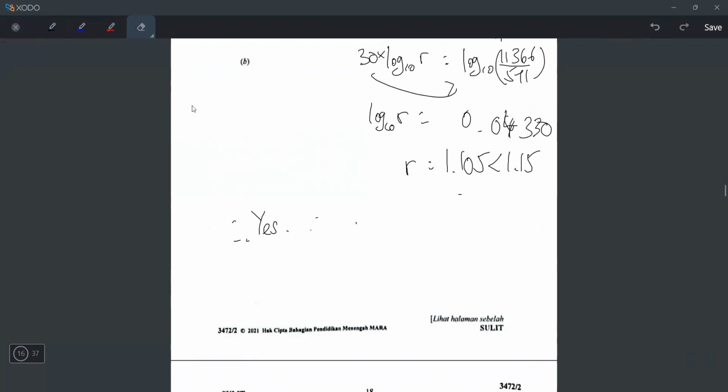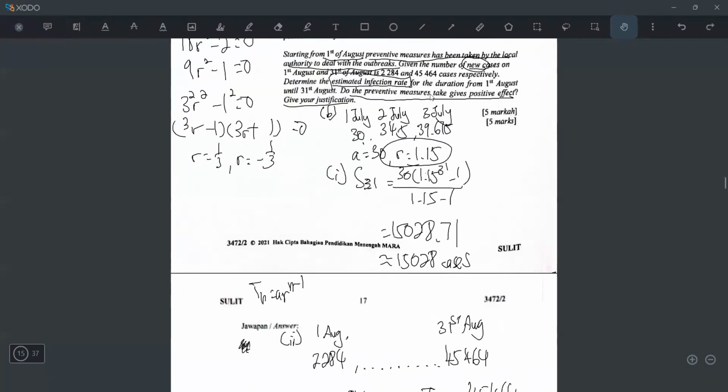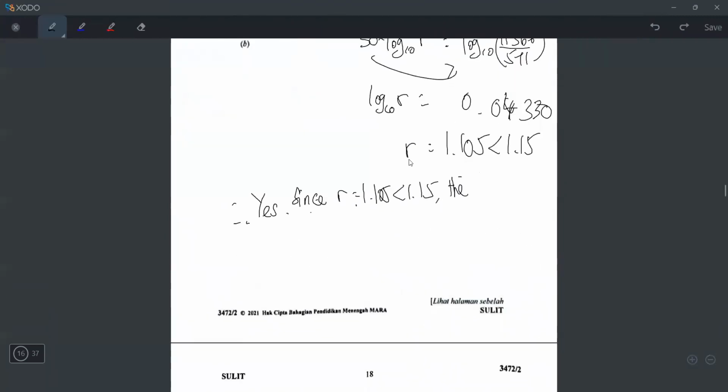Okay, I can also write, since R is 1.105, which is smaller than 1.15, the, how did I ask just now? The preventative measures gave a positive effect.